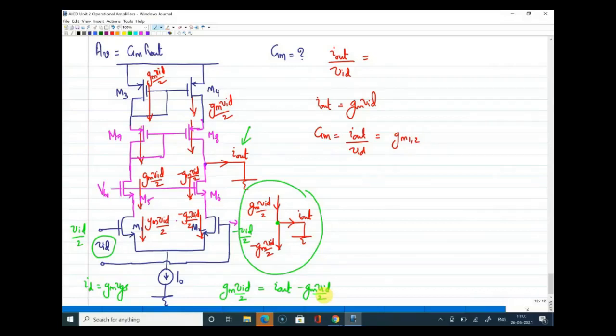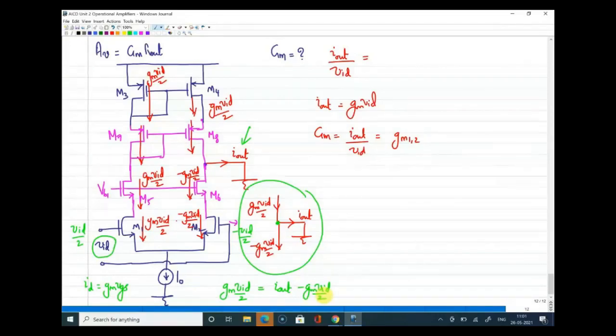It is not like we are assuming; whenever we design, M3, M4, M7, M8, M5, M6, and M1, M2, those pairs should be identical. I'm not saying that the Gm of all devices will be the same. Gm of each device depends on the size we take for each transistor, but the signal current is basically coming from your input pair, M1 and M2.